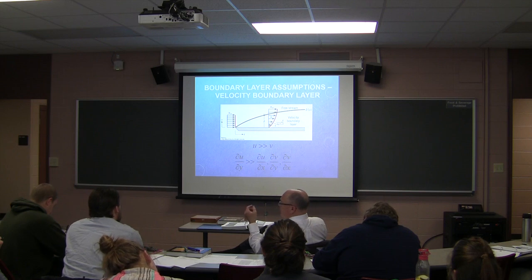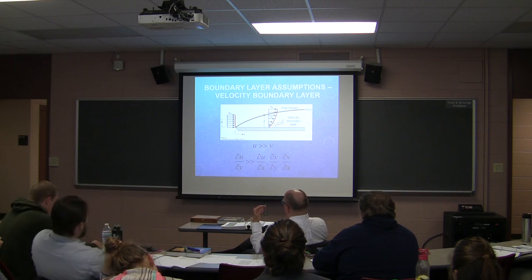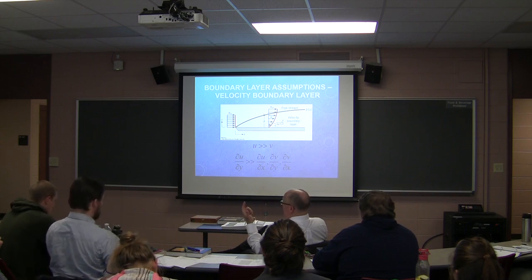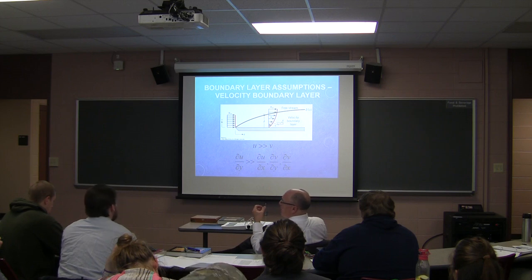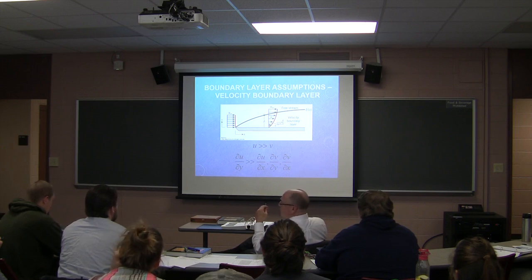Blausius was a PhD student working for Prandtl in Germany, along with Schlichting. A lot of things going on in Germany. And anyway, his dissertation was to solve all these equations, come up with actual value of H in the boundary layer. And lo and behold, he did. It's called the Blausius solution.